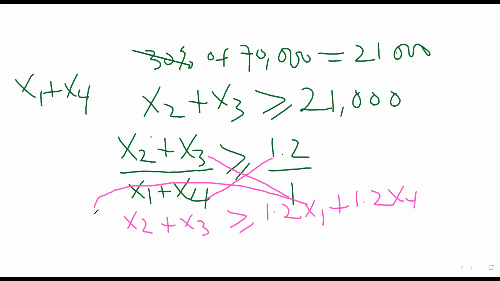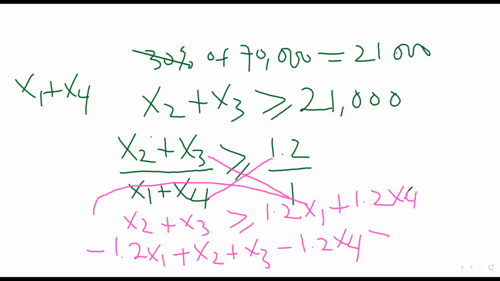So I have minus 1.2x1, plus x2, plus x3, then you move the 1.2 x4, this one here, to the left-hand side. So that becomes minus 1.2 x4. Then you have your greater than or equal to 0.